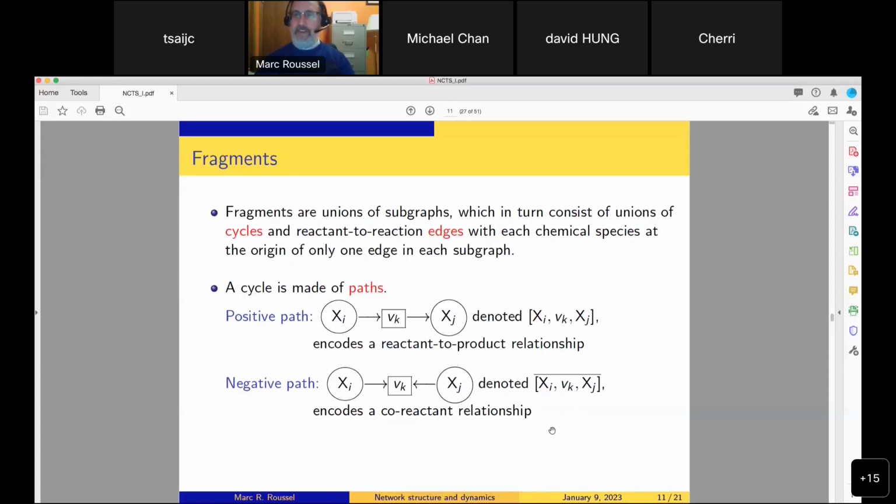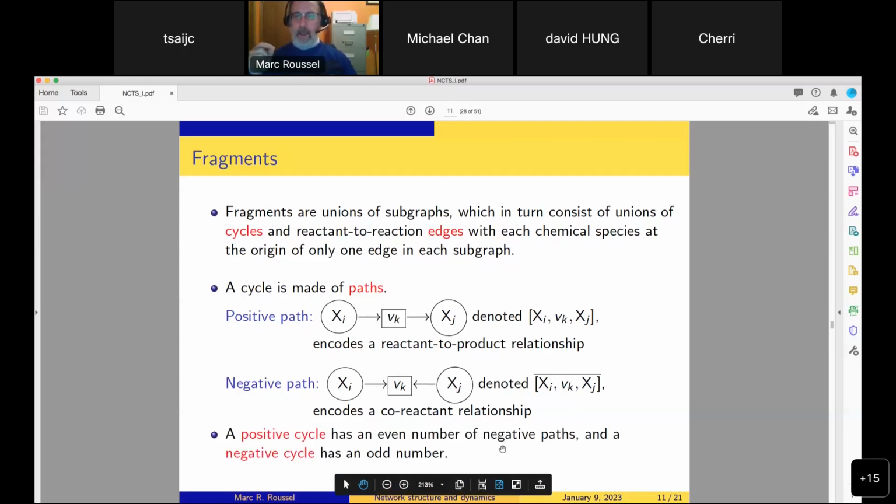If you ever tried this theory, there are a few things that are a bit mind-boggling. One of them is that x_i v_k x_j is a different negative path than x_j v_k x_i. As a result, if you take those two negative paths together, that's a little cycle. So every time you have a negative path, you have the potential that there's a little negative cycle that just consists of going back and forth through that negative path.